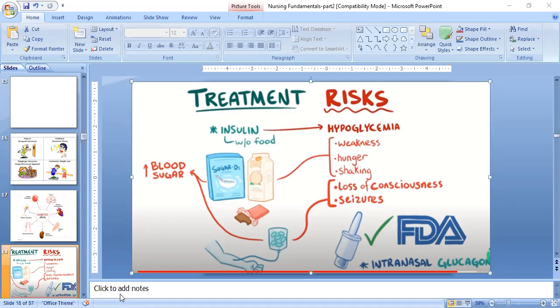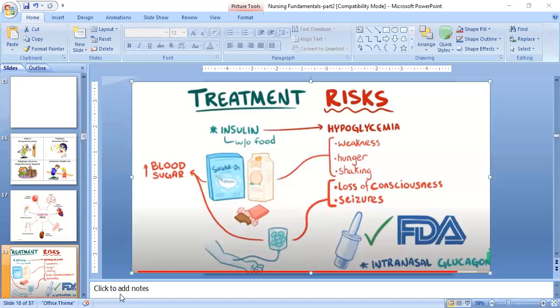When insulin is administered, we have to tell them to rotate the subcutaneous injection site to prevent lipohypertrophy. If your patient gives the insulin in the same place and does not rotate, there is a chance of developing lipohypertrophy.